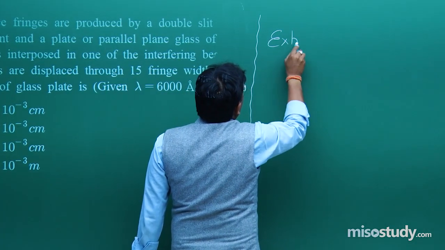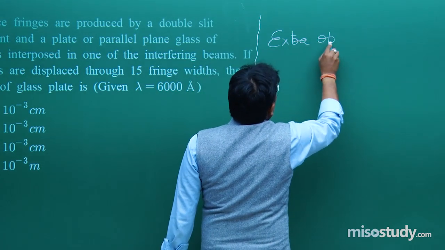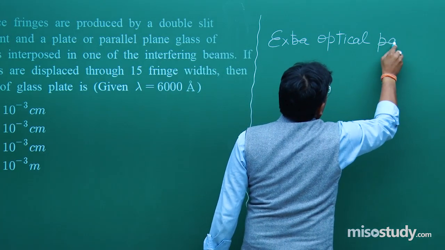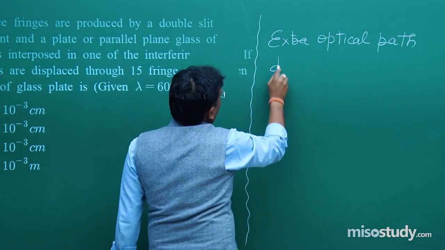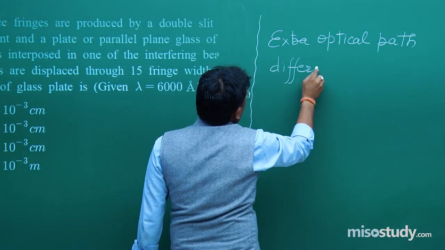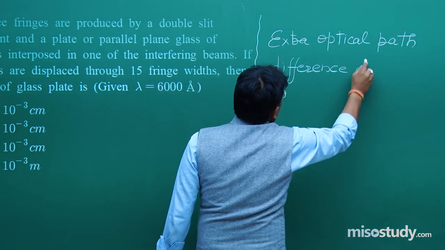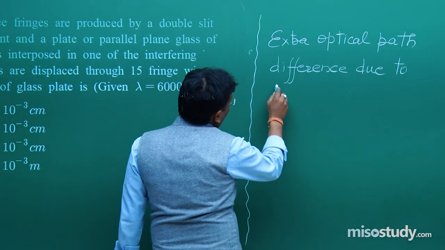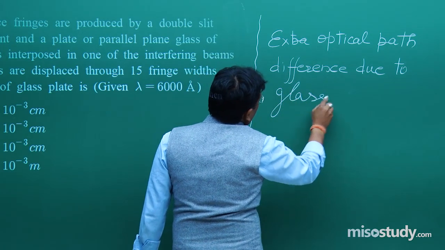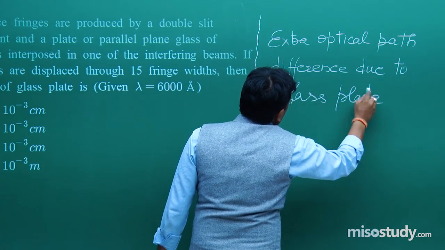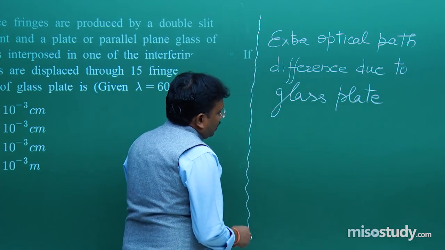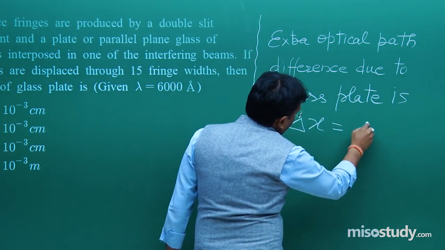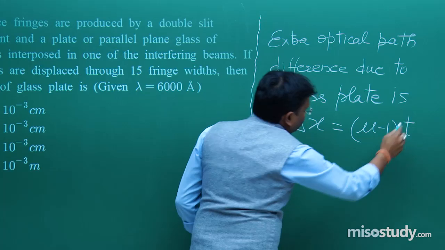Extra optical path difference due to glass plate is delta x equal to mu minus 1 into t.